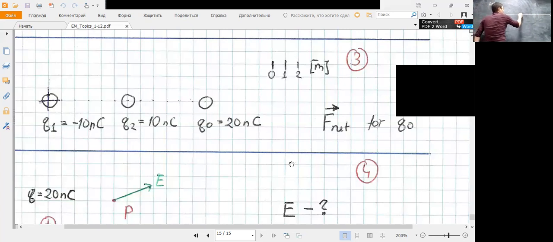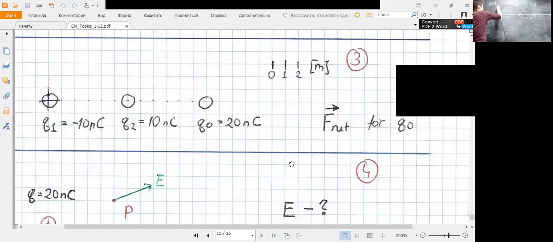Q1, Q2, Q0. Q1 is negative 10 nanocoulomb. Q2 is positive 10 nanocoulomb. Q0 also positive 20 nanocoulomb.